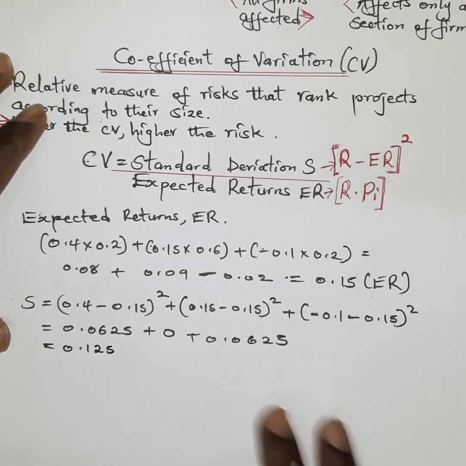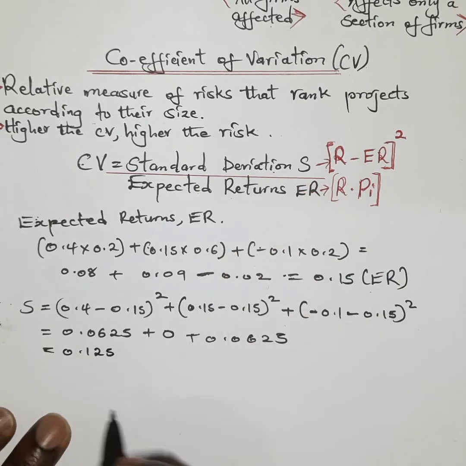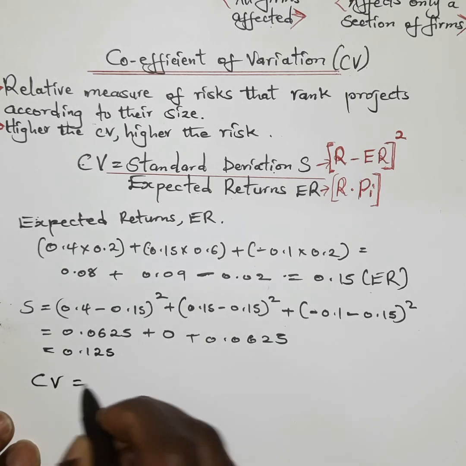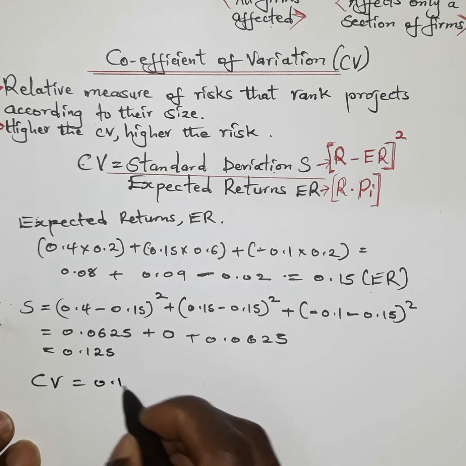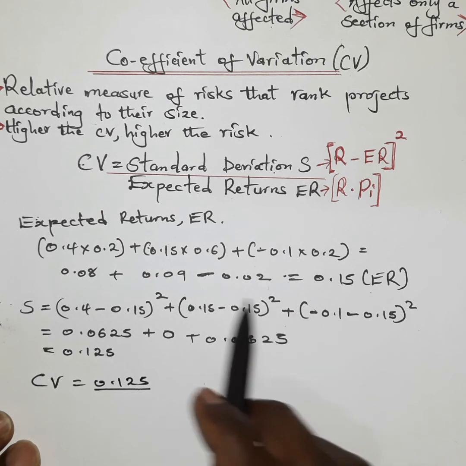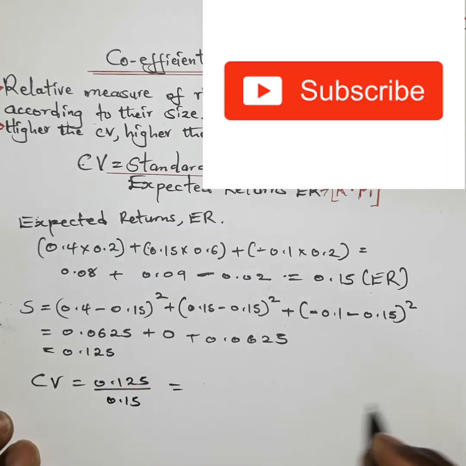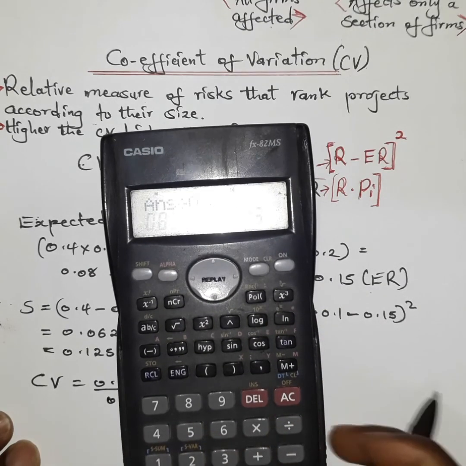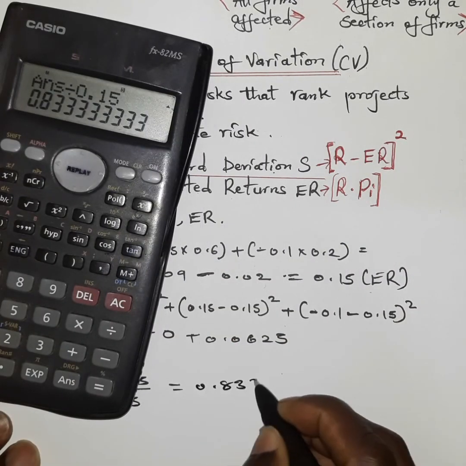But remember, our formula was standard deviation divided by the expected return. So our coefficient of variation is 0.125 divided by expected returns of 0.15, and we get a value of 0.833.